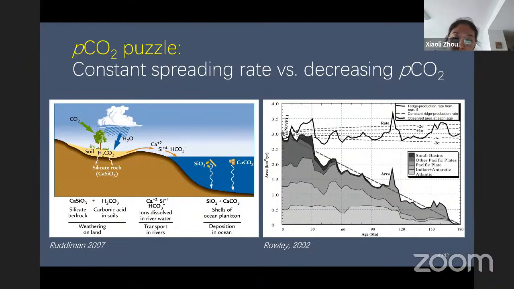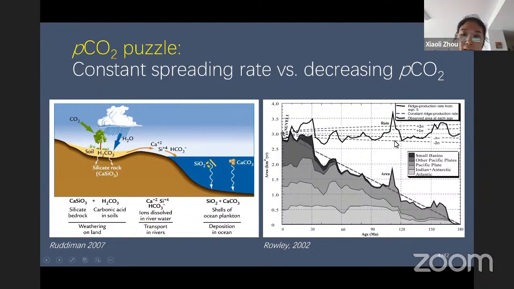Based on the work of Rowley 2002, his work showed that over the last 180 million years, the seafloor spreading rate has been relatively constant, which is shown here by this black curve.